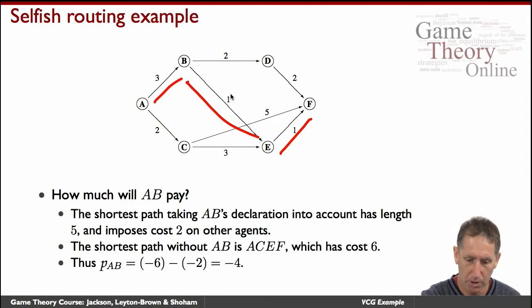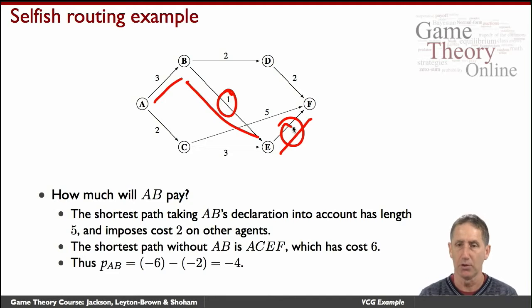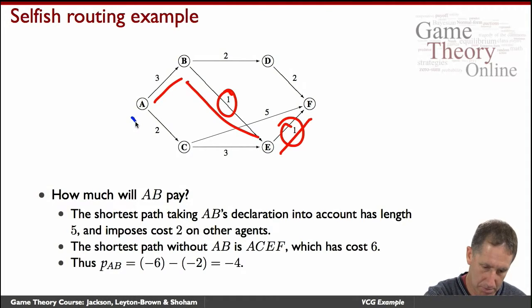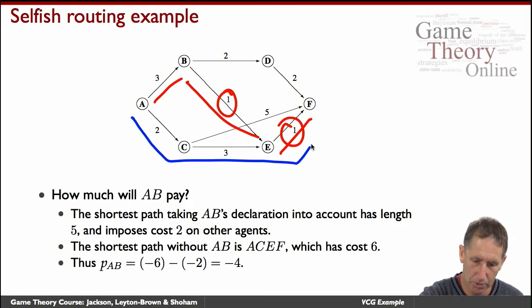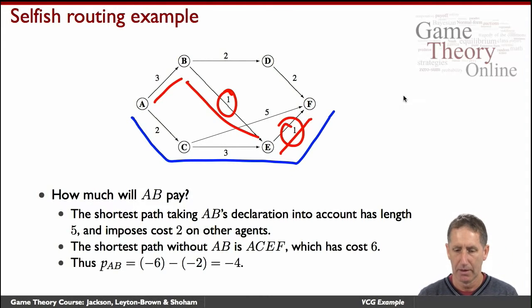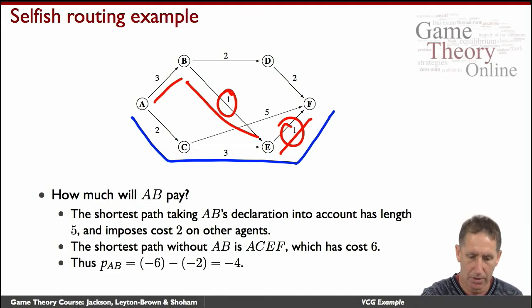Well, it's 1 plus 1, a cost of 2. Had AB not been in the picture, what would have happened? Well, the shortest path would have been this one over here. So this would have been the shortest path, with a cost of 2 plus 3 plus 1.